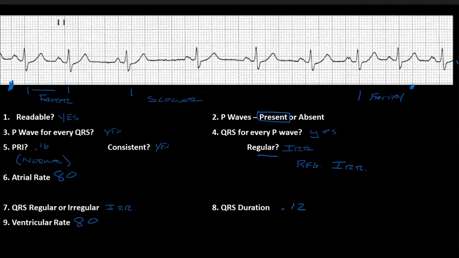So based off of this, we have everything follows. So this is normal. And our atrial rate is also normal. So really, if you take a look at this, the only thing that is considered to be abnormal is right here. So what's happening here is that there is a pattern that has developed.